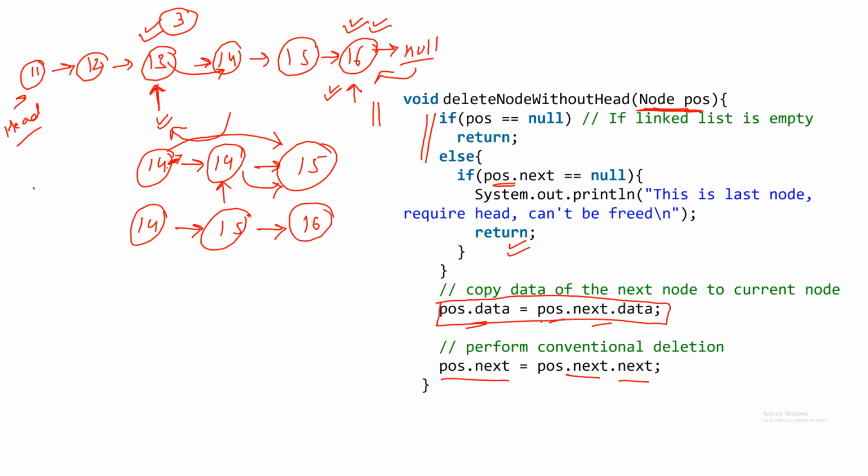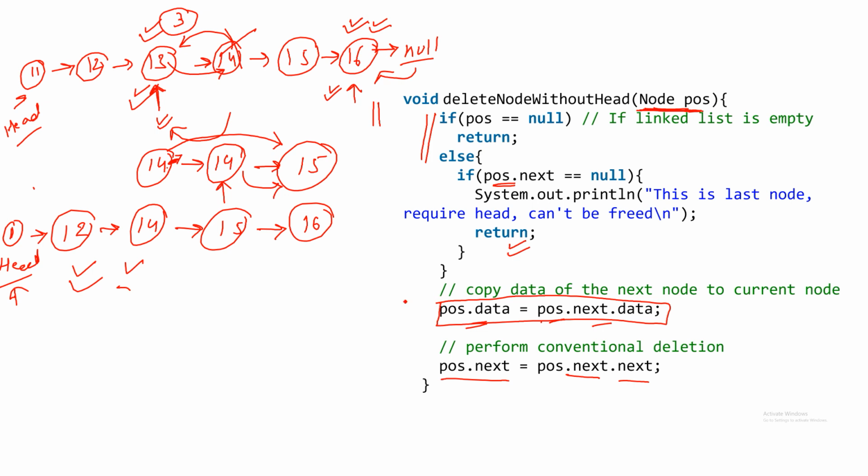So 15 will be pointing to 16 and your 12 will be pointing to 14 and 11 will be pointing to 12. And this head will be anyway there, so we are not going to do anything on this. So this is our resultant linked list, right? We wanted to delete this 13th value node and we deleted it by copying the value of the next node into it and then deleting the next node.